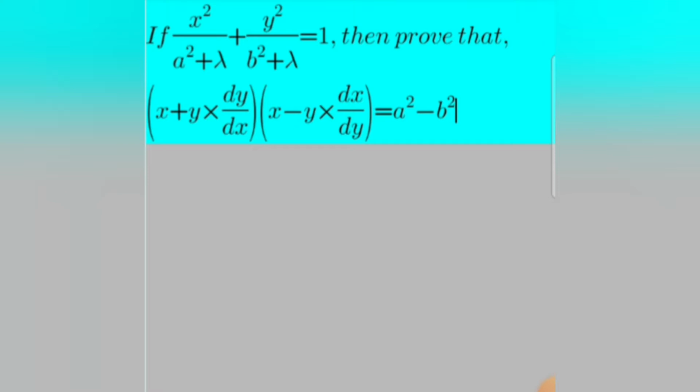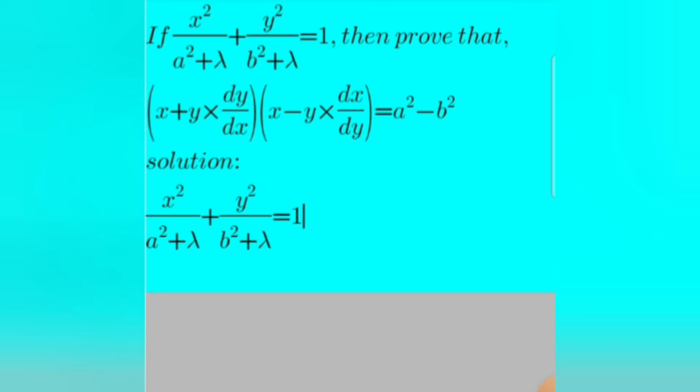Now start the solution. x squared over a squared plus lambda plus y squared over b squared plus lambda equals 1.